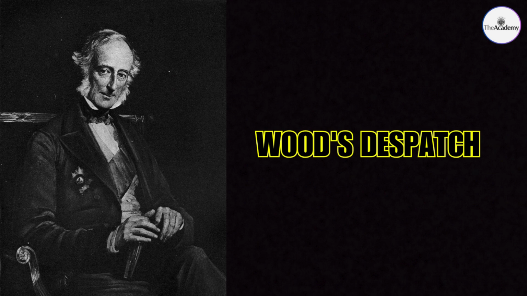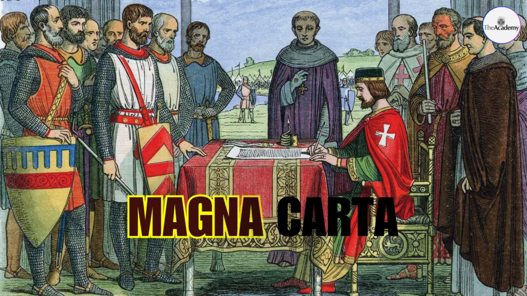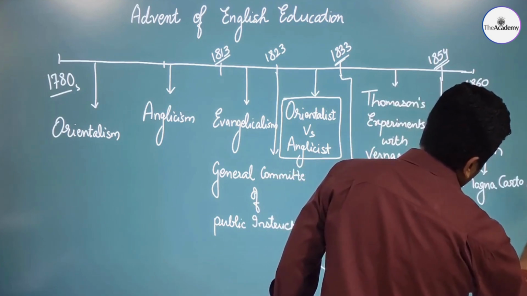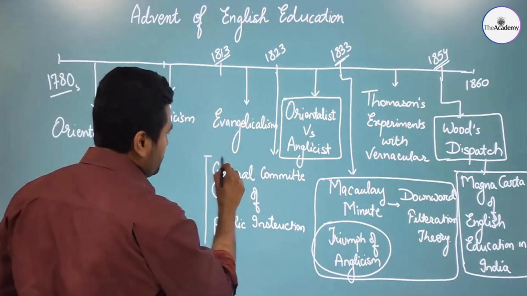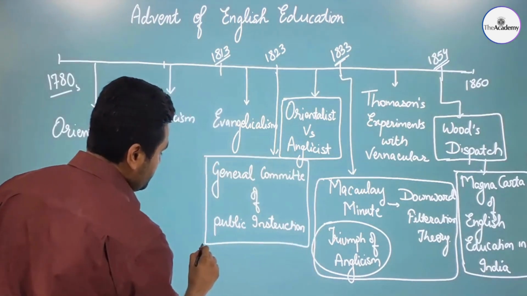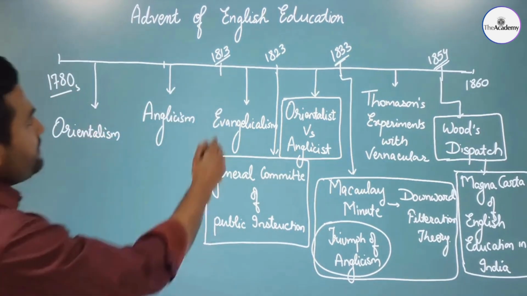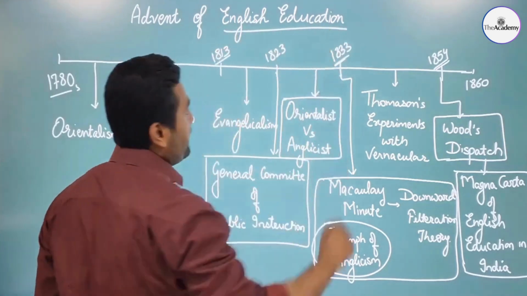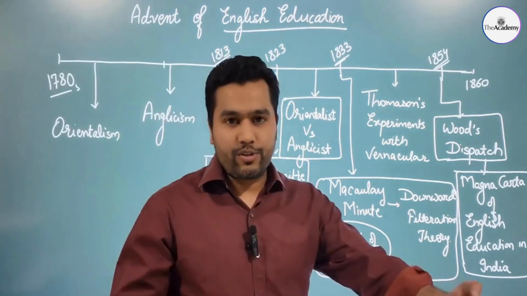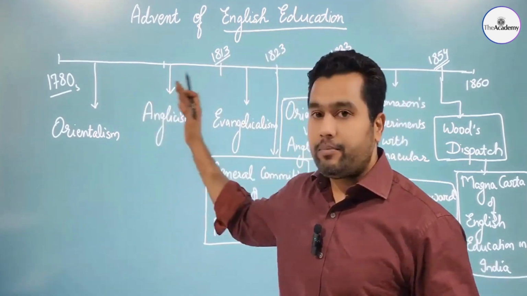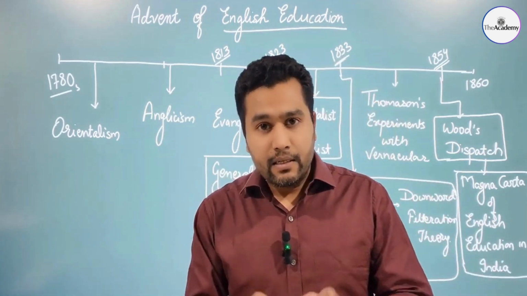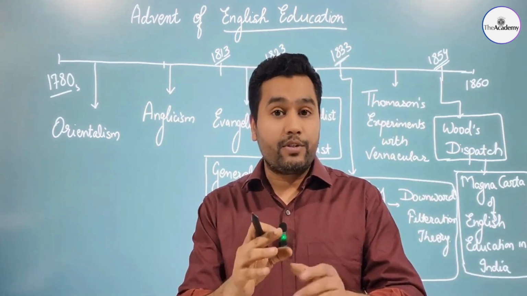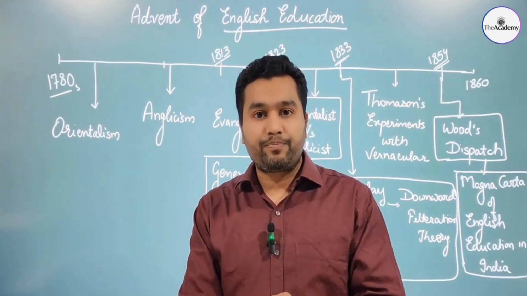And this is also known as the Magna Carta of English education in India. So the advent of English education in India underwent a process. Let us study this entire process in detail as to what was the necessity that drove this development and what was the effect of this particular development.